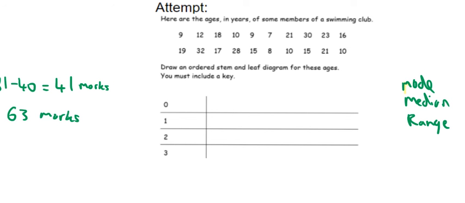So with this one anyway, you'll notice that you've got a 0 as your stem. So they've actually put in the stems for you to help you. You must put in a key at the end, but the 0, hopefully you'll realize the 0 will just be the single digits, because you'll see there's a 9 in the table, but 9 is the same thing as 0, 9, or that might hopefully sound obvious.